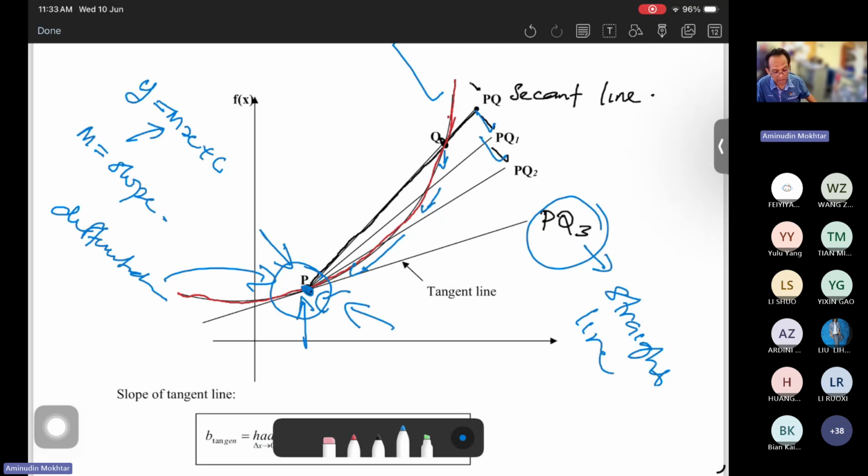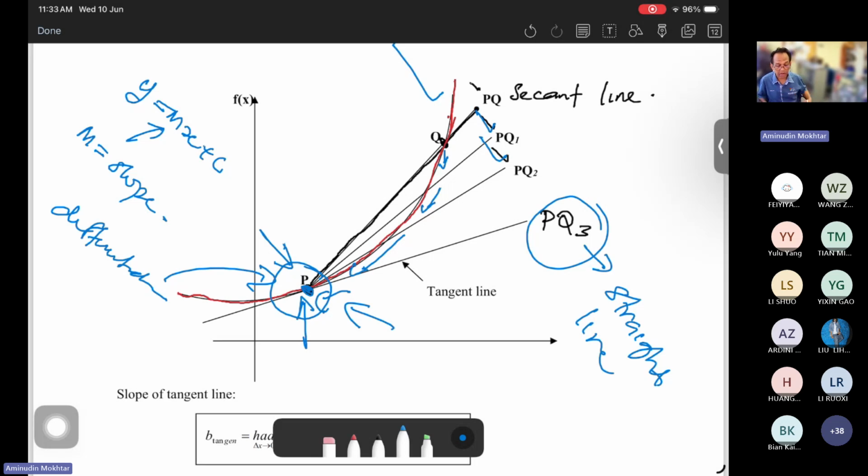So in other words, what happens at the tangent line? At the tangent line, the slope of the tangent line is equal to the slope of the curve. And then the tangent line is a straight line. It's also a linear line. It is the best line, used to find the slope of the curve.